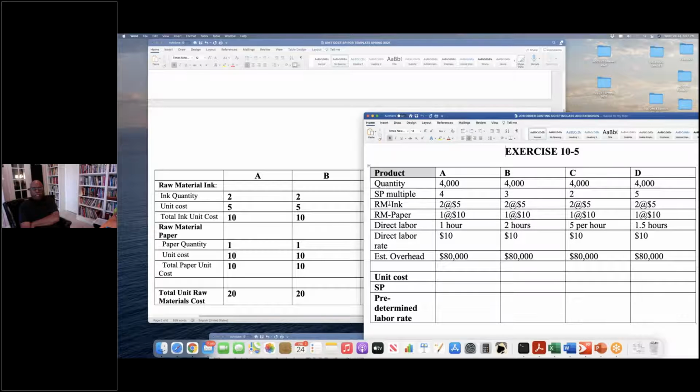The ink said 2 at 5. 2 times 5 is 10. The paper, 1 at 10. 1 times 10 is 10. We add those two together to get the unit cost for raw materials.